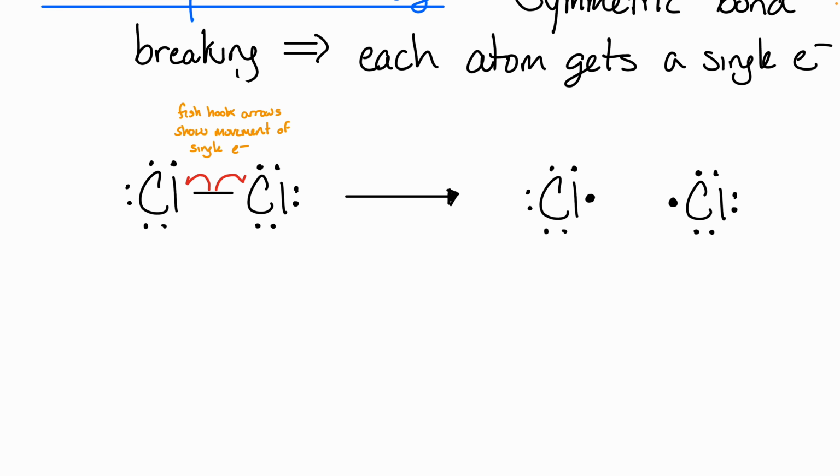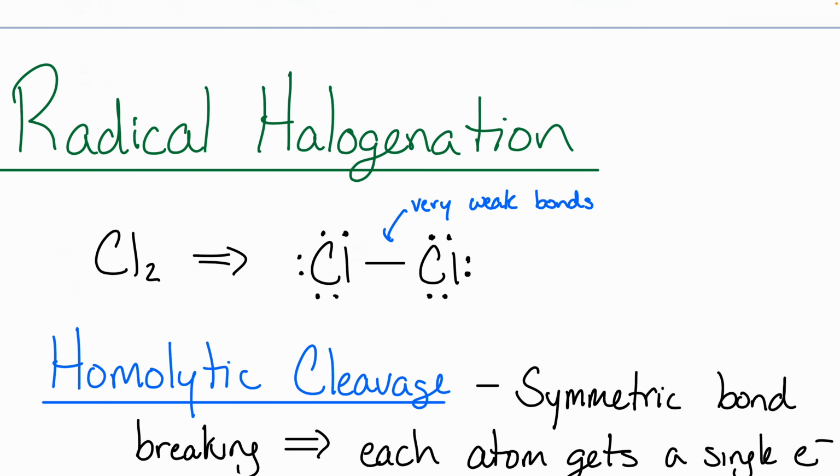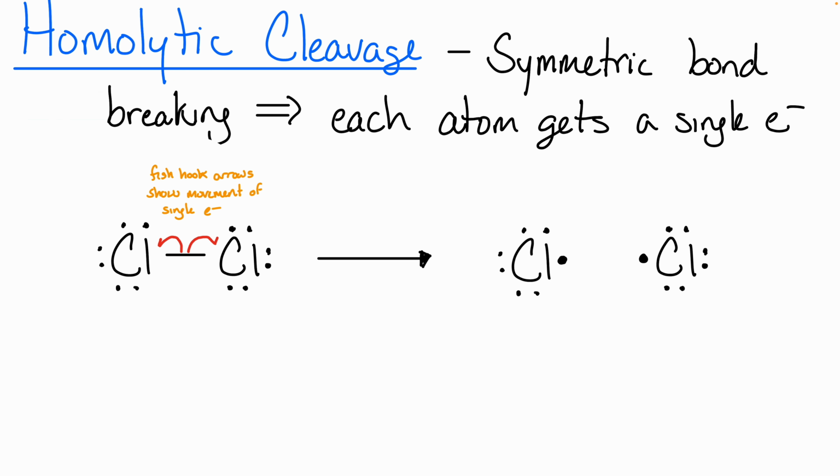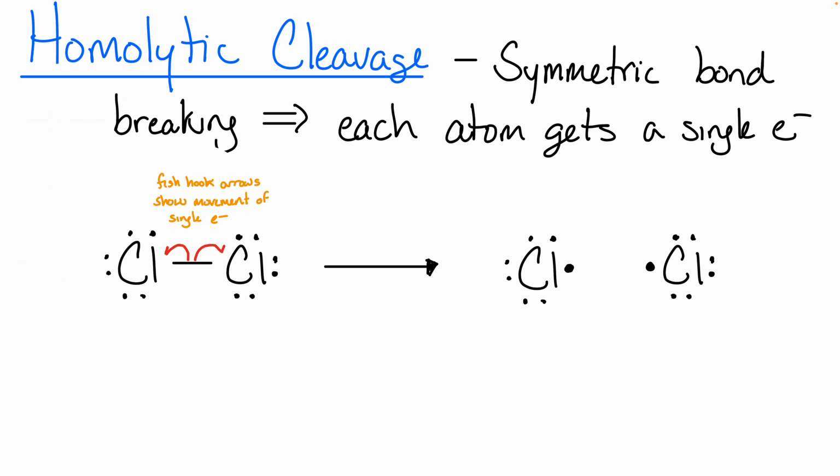So in a homolytic cleavage, our products here are these atoms that carry just these single unpaired electrons. Does anybody remember what we call these? Free radicals. So what we get from this homolytic cleavage is what we call a free radical.